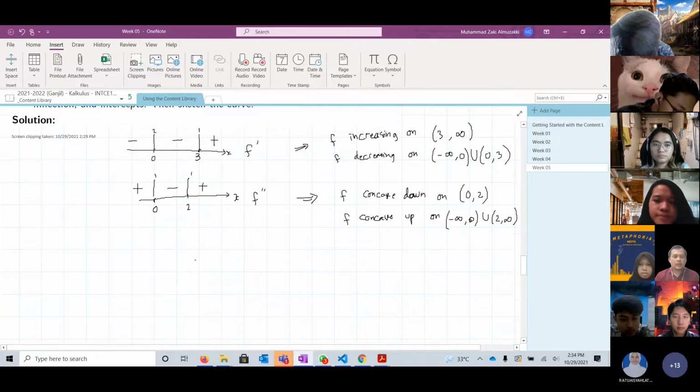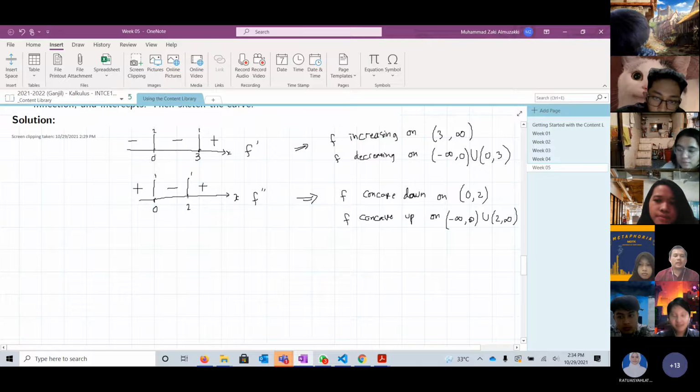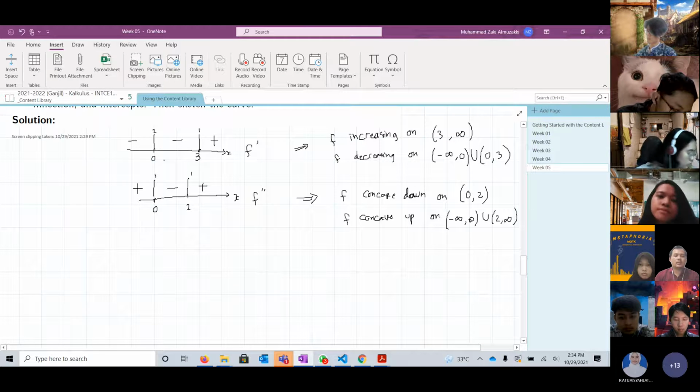So in this case, we can actually try to plot it. Here we have that the extremum values are at 0 and 3.